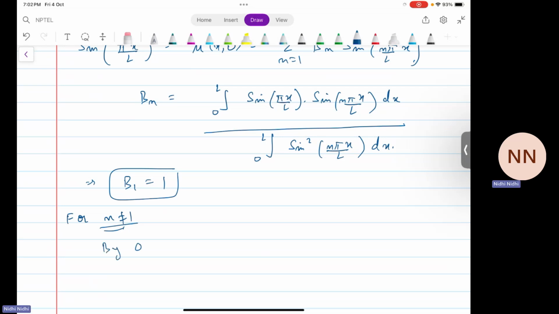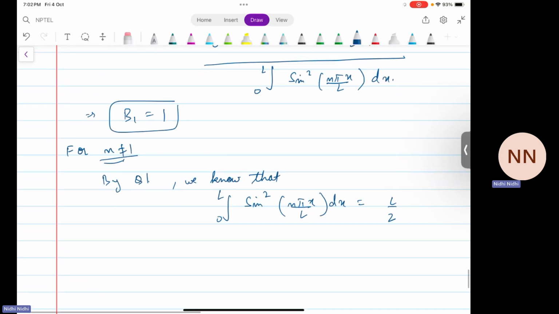So by question 1, we know that this denominator, integration 0 to l sine square n pi x by l dx, is nothing but l by 2. So all we need to find is the numerator.